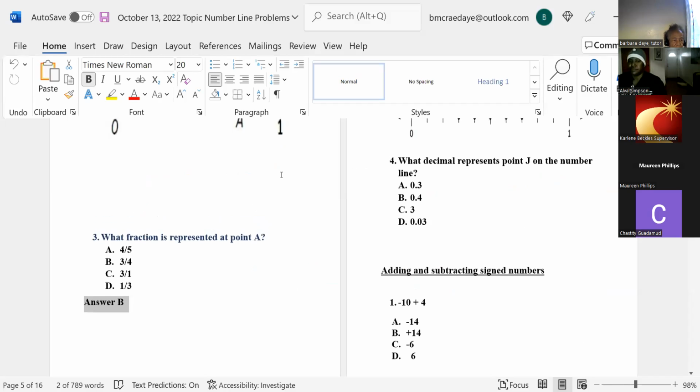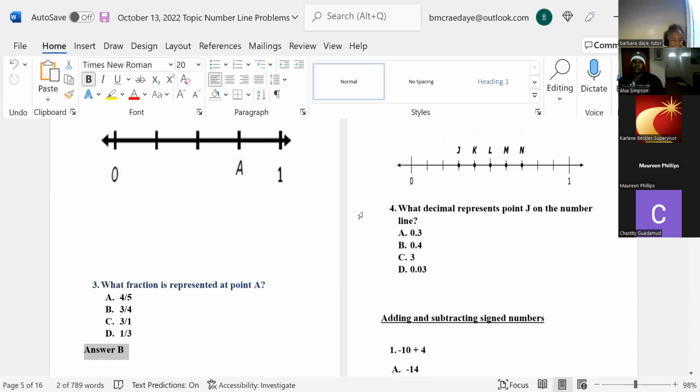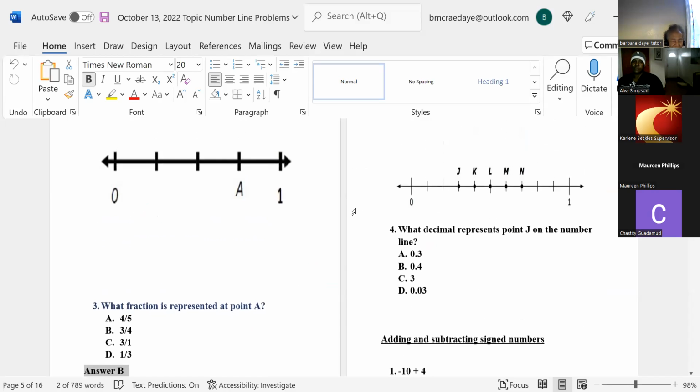All right. Now, we did the fractions here. Let's go to number 4. Now we are looking at decimals. What's the difference between decimals and fractions? A decimal can be converted to a percent. Yes.